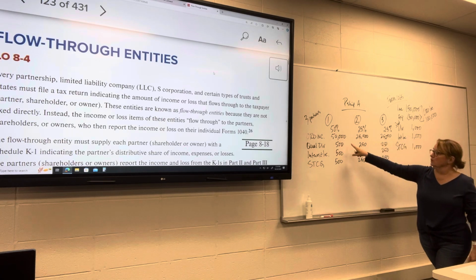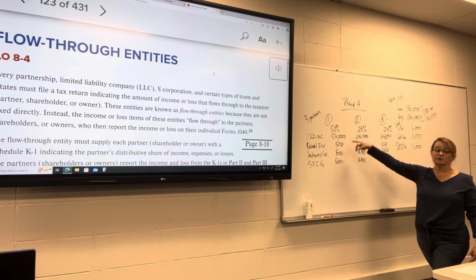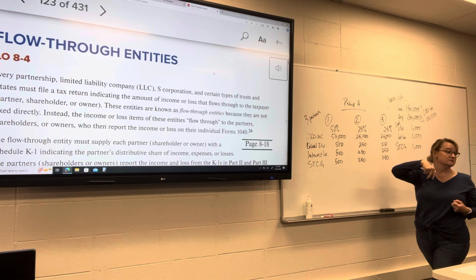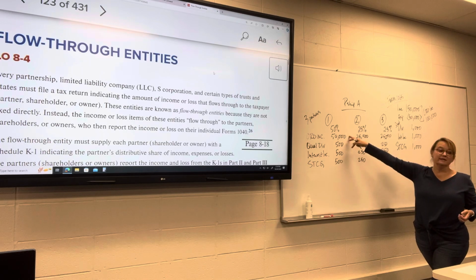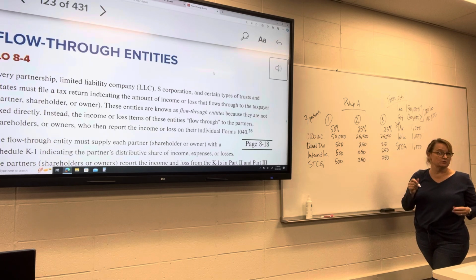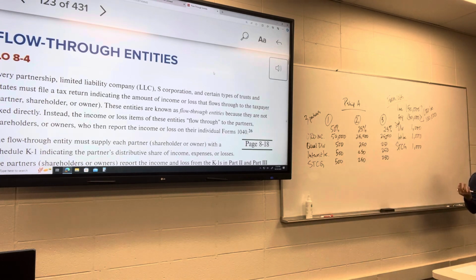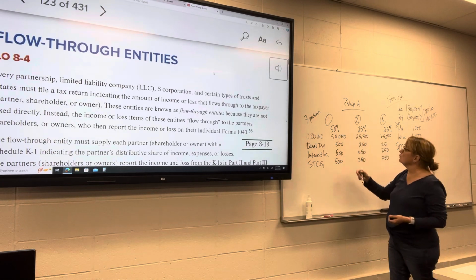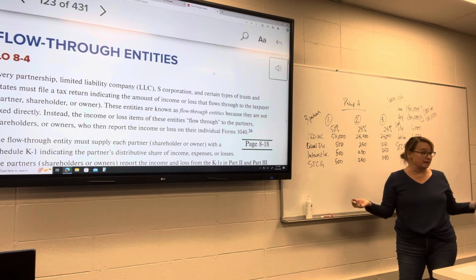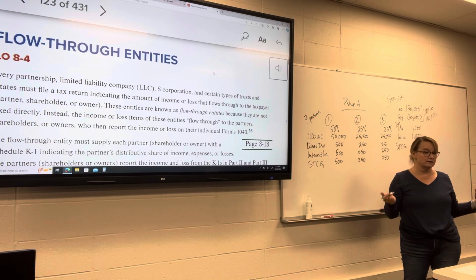So, qualified dividends, again, these are gonna show up on the Form 1040. They're gonna combine with other qualified dividends that they got from other sources. Same as the interest income. Ordinary income is gonna show up on the Schedule 1. And it's gonna be taxed at whatever their own tax rates are. So let's just say that partner 1 makes a lot of other money from other investments and maybe work and that sort of thing.